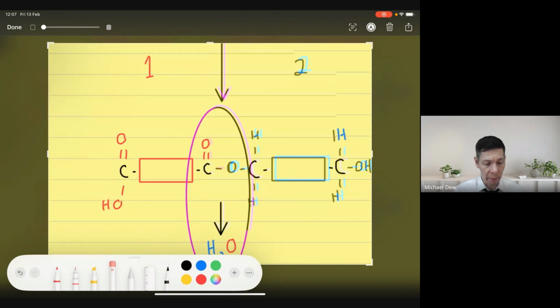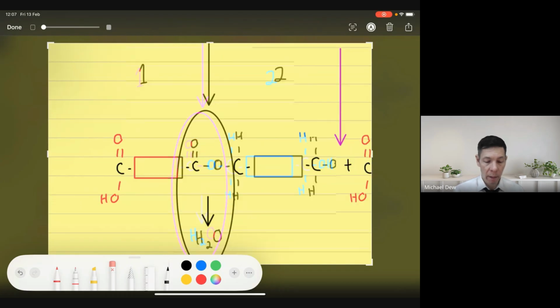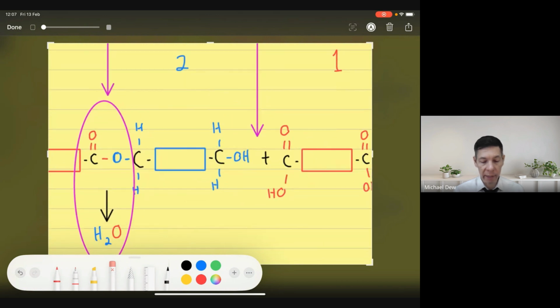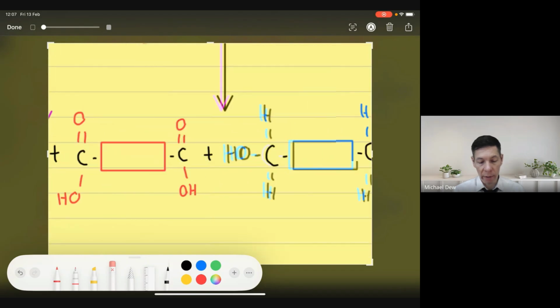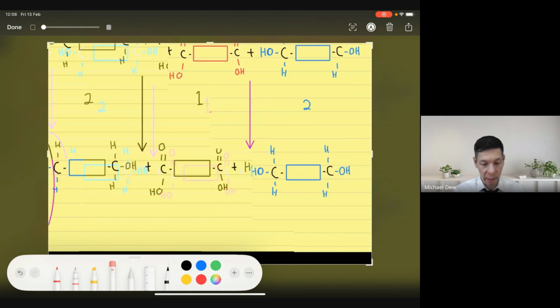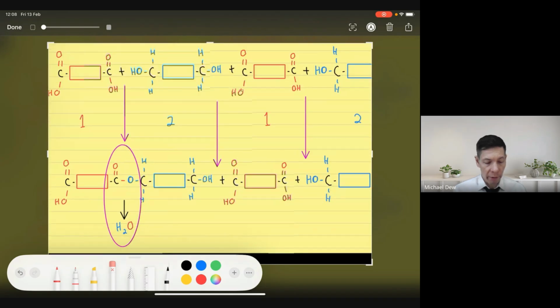So here you can see we've got the dicarboxylic acid monomer, the diol or dialcohol monomer, and that gets connected again with another dicarboxylic acid, which we haven't made the ester link yet, and another diol or dialcohol monomer. Okay, so we haven't made the ester link there. Okay, but you guys did in your classwork where we had worked on this. Okay, so hopefully that gives you a little bit better understanding.